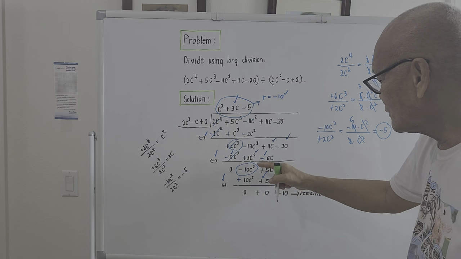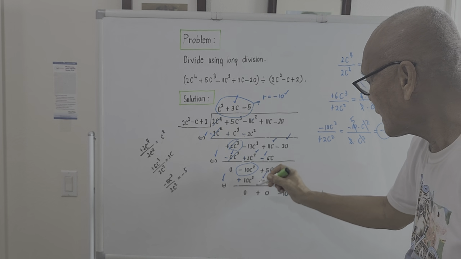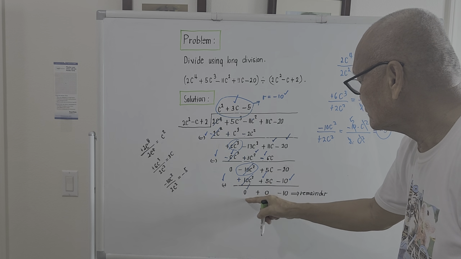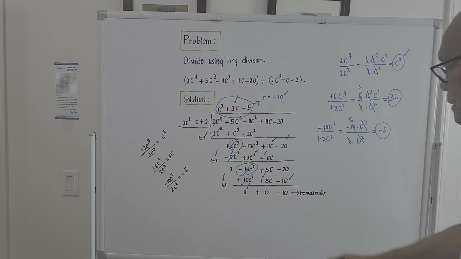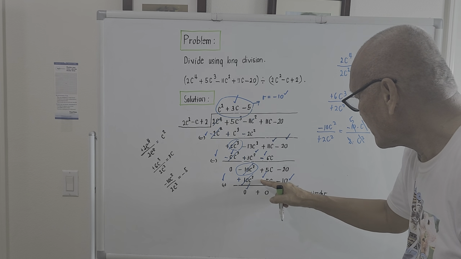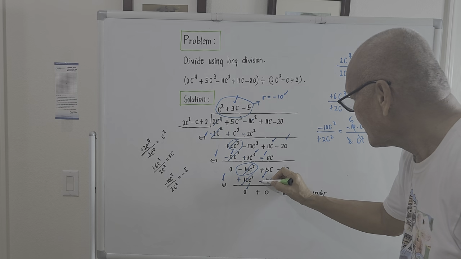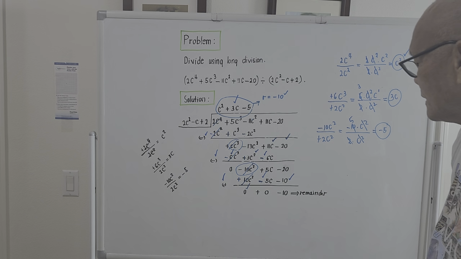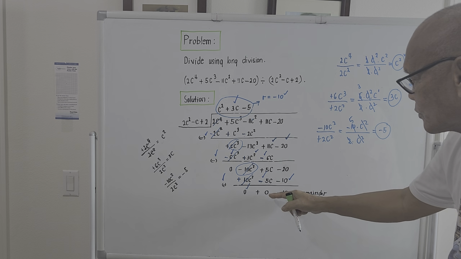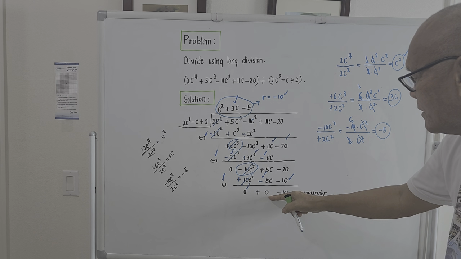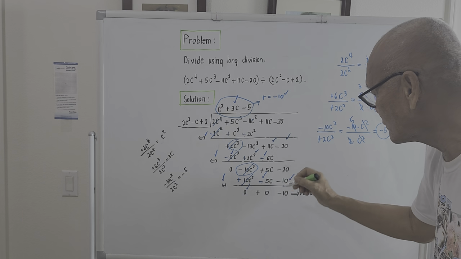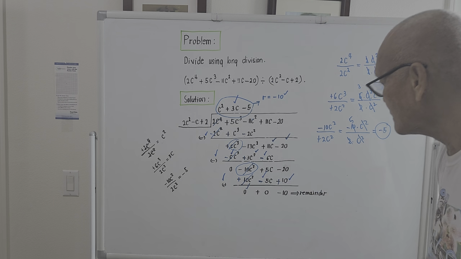So minus 10c squared plus 10c squared, actually they cancel out. Or the sum is 0. The operation here is subtraction. This is plus. So this will now become minus. So a 5c, a minus 5c, the result will be 0. Next one. This is negative 10, but the operation is subtraction. So this will now become plus.